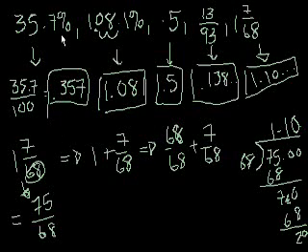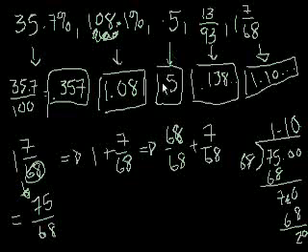So 35.7% is 0.357. 108.1%, and ignore this for now, because we just use that to do the work, is equal to 1.081. 0.5 is 0.5. 13/93 is 0.138. And 1 and 7/68 is 1.10, and it'll keep going on.